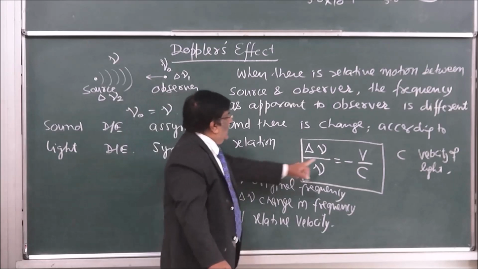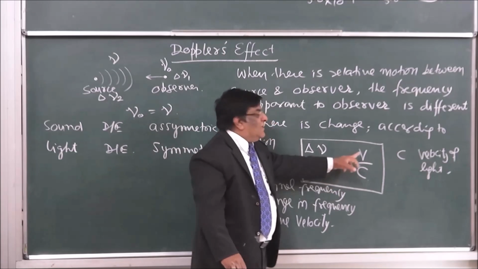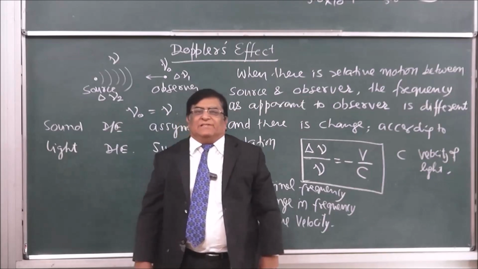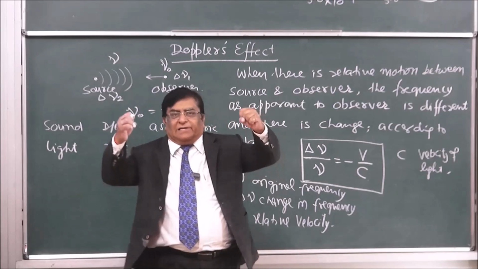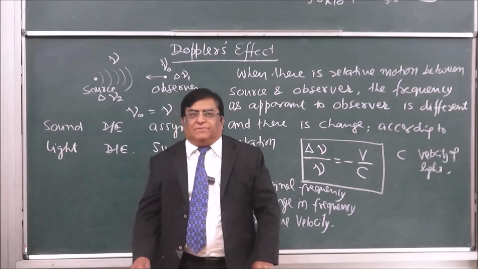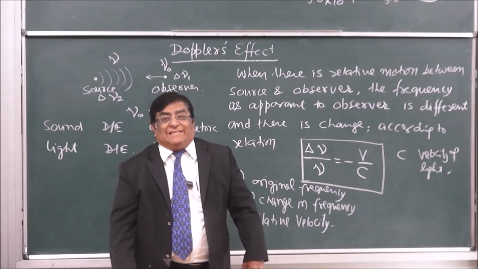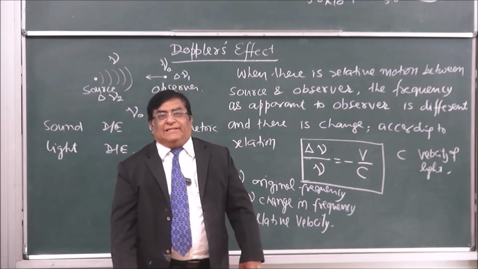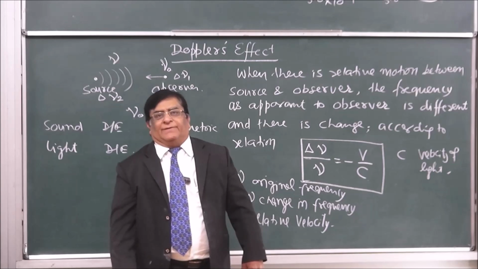Now one thing here, which we are discussing, if the two objects are coming closer to each other, how is the change in frequency? The relative velocity is negative and the change in frequency is positive. The frequency will increase. Now, if the frequency of light increase, what happens to its color?